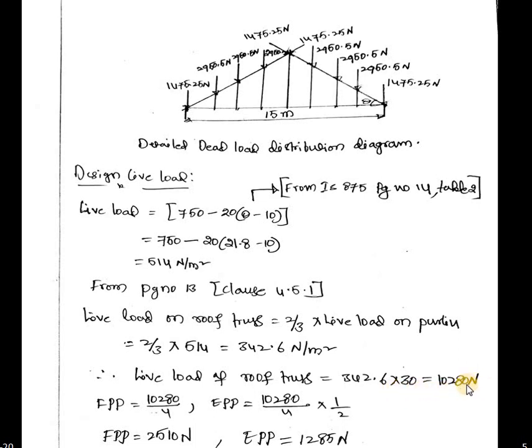So total live load acting on roof truss is 10280 Newtons. 30 means only the left side. For that reason, full panel point is 10280 by 4, end panel point is 10280 by 4 into 0.5. Finally we got full panel point 2510 Newtons, end panel point 1285 Newtons. This is about live load calculation.